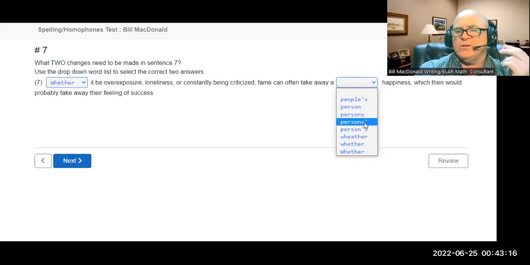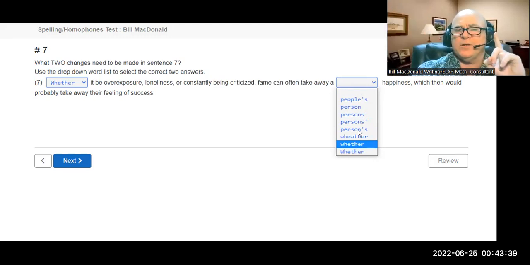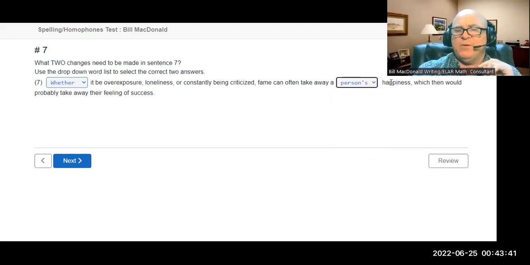A person's, that one doesn't exist either, because persons would be changed to people and it would be people's, like that one there. Okay. So what I want is a person, singular, possessive. One person owns that happiness.